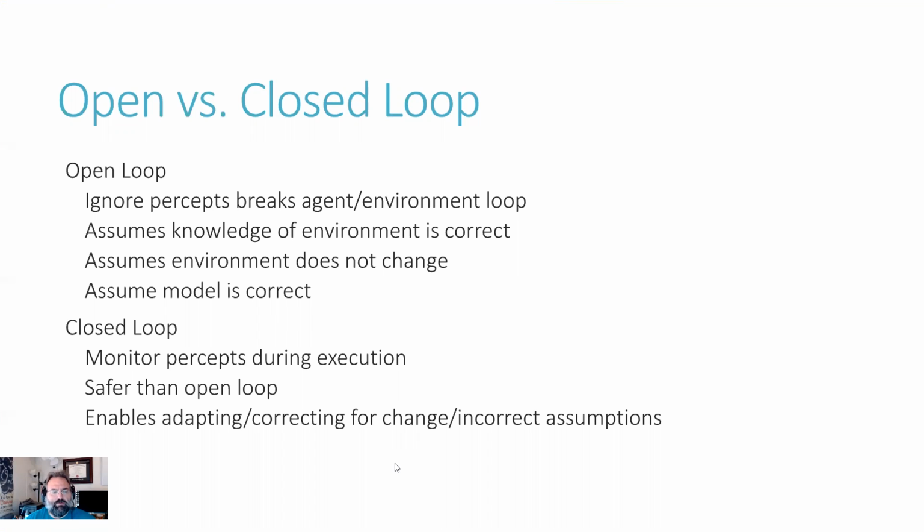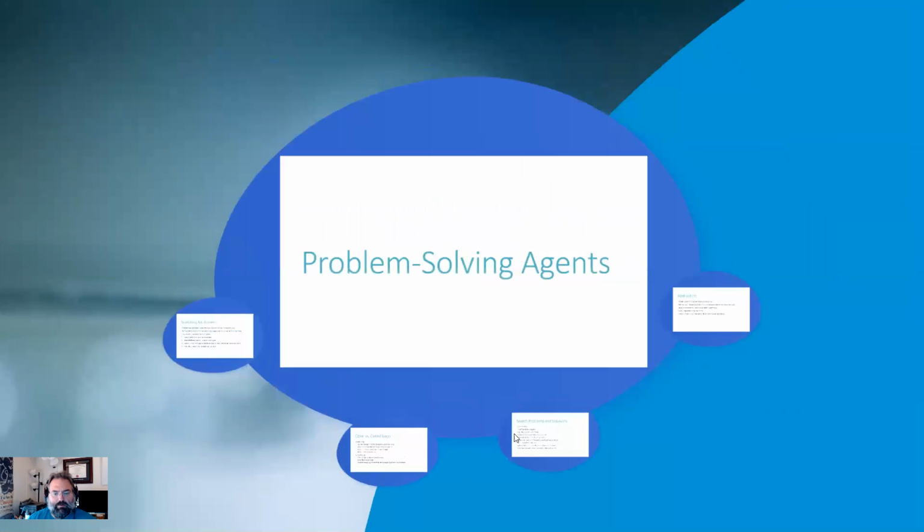Using a closed loop approach enables adaptation, and that's a key thing in correcting for things that are either assumed incorrectly, or something might have changed, right? So in general, closed loop, obviously higher complexity, potentially more resources involved and so on, but generally speaking, a better approach.